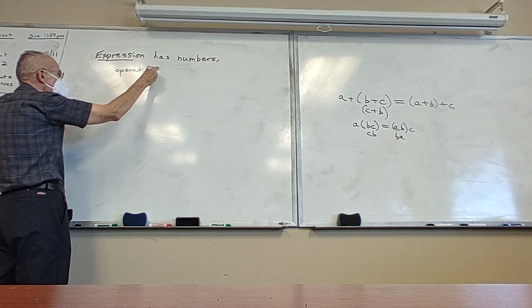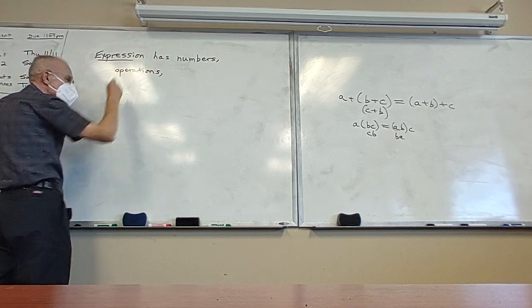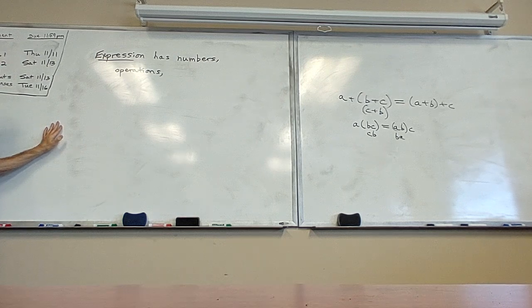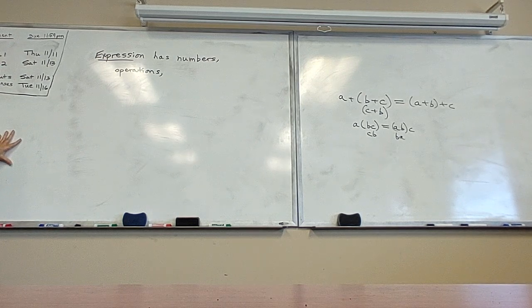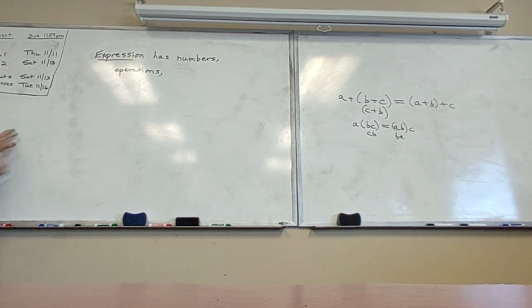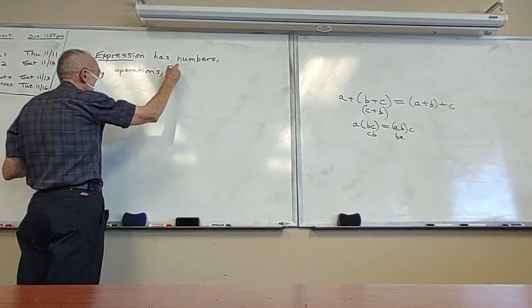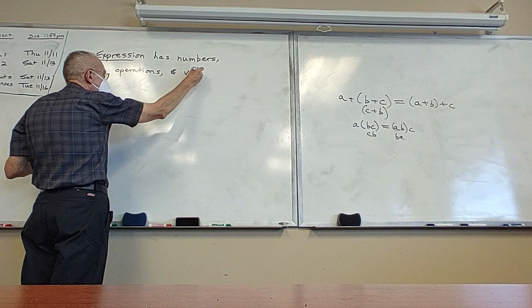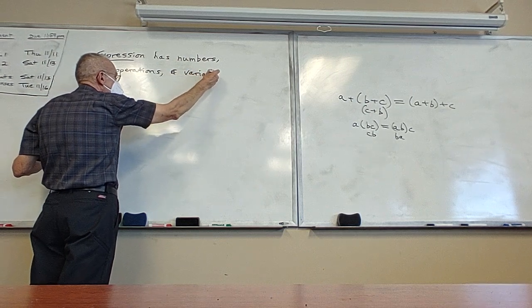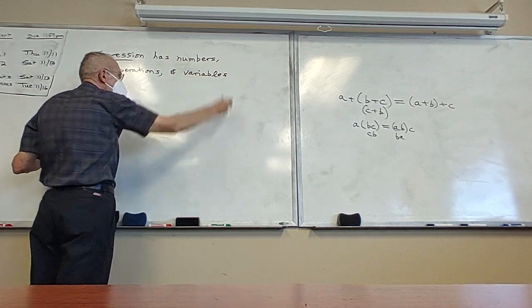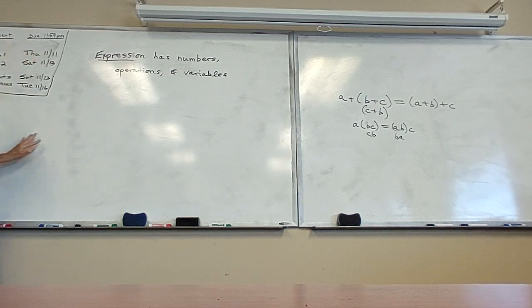Add, subtract, multiply, divide, square, square root, and absolute value. Those are the ones we know. And finally, variables. Most common variable is x. X, y, z, any of those letters like that.